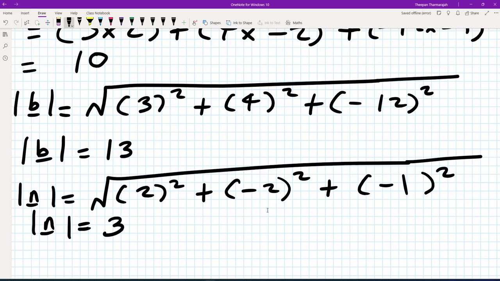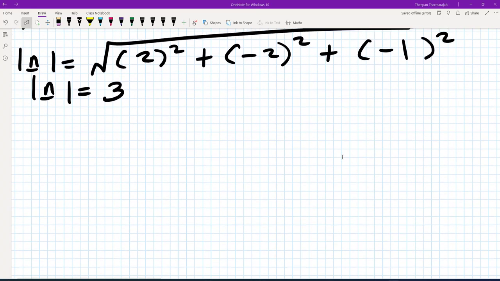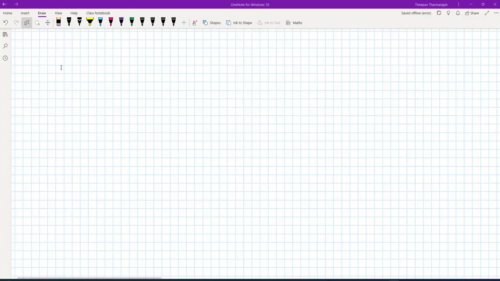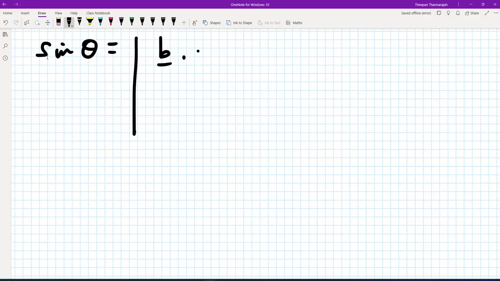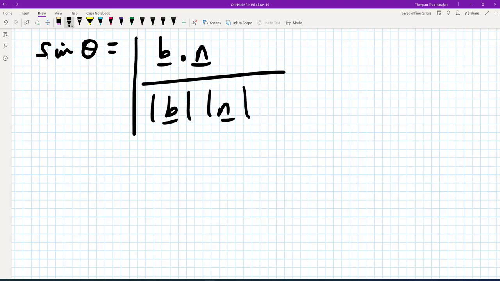So now we're going to use the formula. So now let's write down the formula. So we know the acute angle between the line and the plane is sine theta equals the modulus of b dot n over the mod of b times the mod of n.